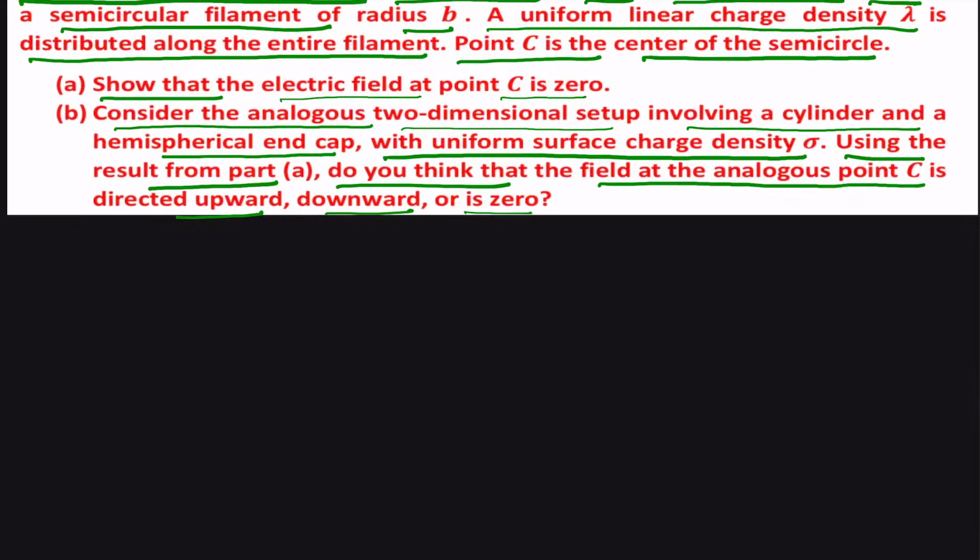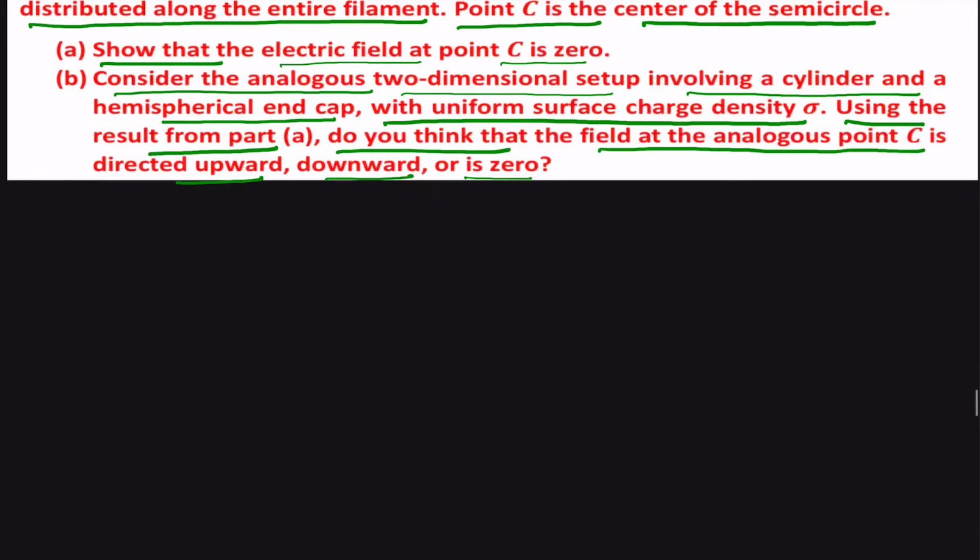Okay. So in this case, this question looks a little bit tricky, but the solution is quite simple. Solution is not a big one. So in this case, we are given that we are having a semicircle.